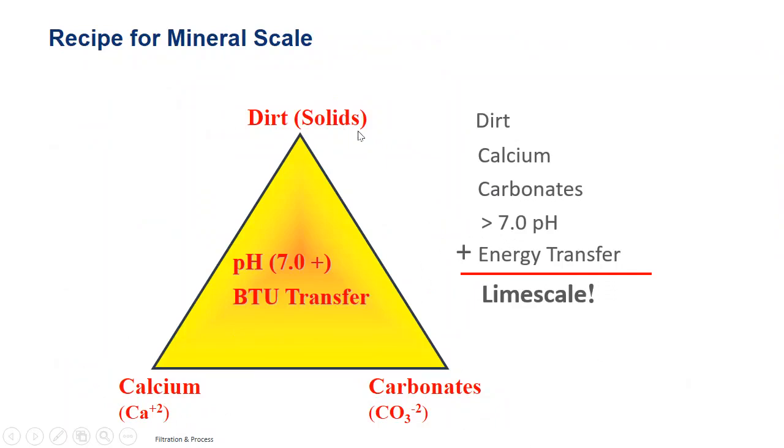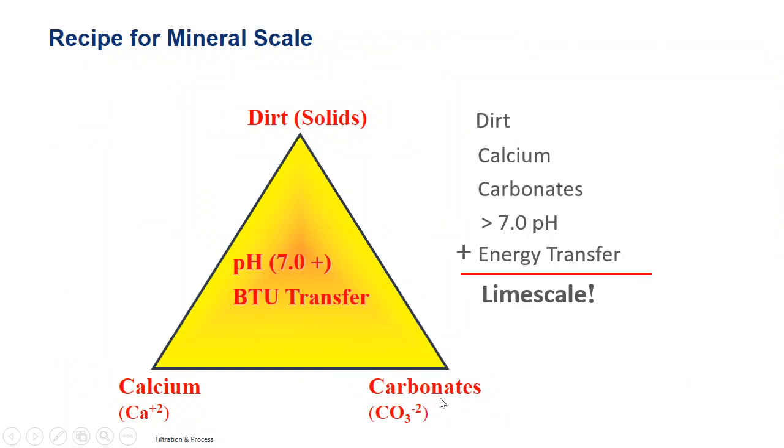I hate this in this representation because what this really means is nucleation site, a place for that scale to form. Any rough, bumpy surface is going to give you a place for scale to form. Your heating elements, those sorts of things. And we have to have a pH above 7. Why? Because carbonates cannot form under acidic conditions.